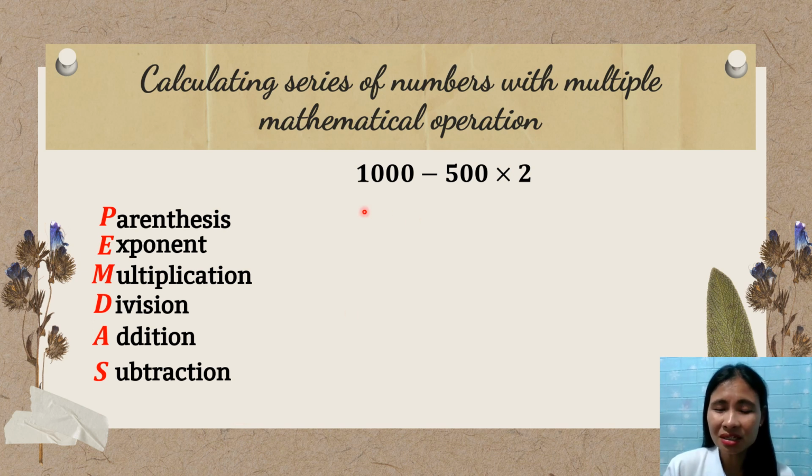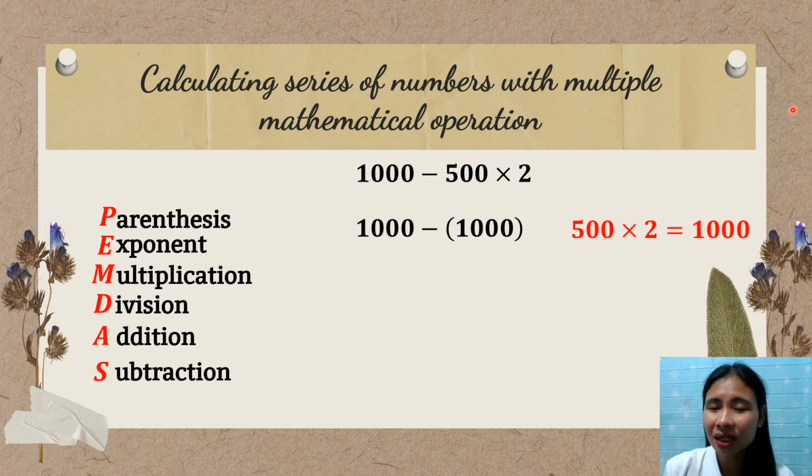Now, in this expression, 1,000 minus 500 times 2, we have two operations involved: subtraction and multiplication. Using the concept of PEMDAS, between the two operations, we start with multiplication. So 1,000 minus 500 times 2 becomes 1,000 minus 1,000.